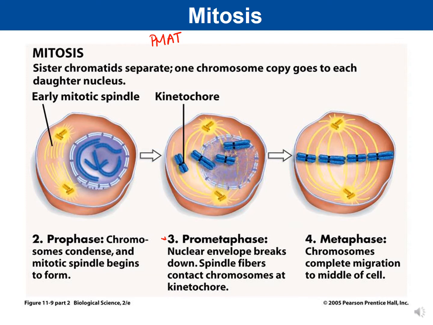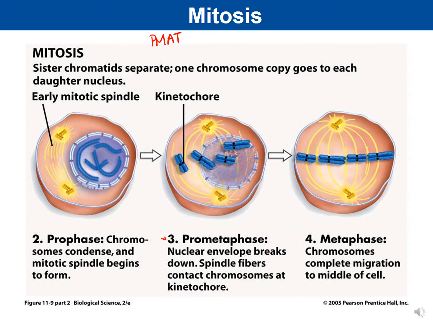And when the spindle attaches at the kinetochore, that allows the cell to move the chromosomes within the cell. So in prophase, including prometaphase, the cell is preparing for division. Chromosomes condense, mitotic spindle forms, nuclear envelope breaks down, spindles attach to the chromosomes. Those are the big events that happen in prophase.